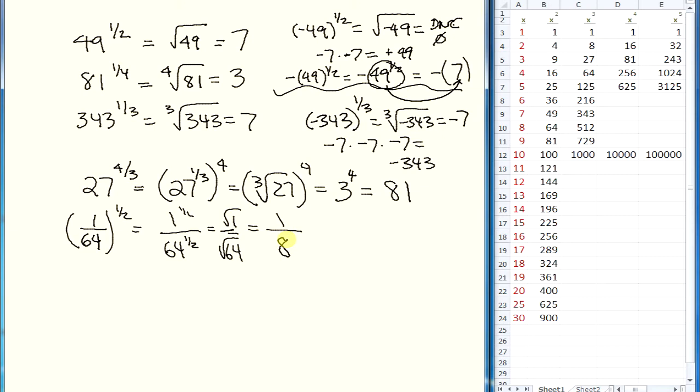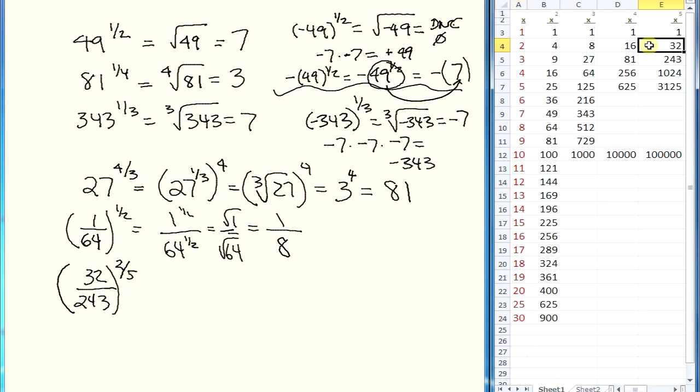It could be even more interesting if I had, let's say, a fraction 32 over 243, and we'll raise that to the 2/5. What I'm really going to need is to look at my chart. Hopefully now you're beginning to realize the numbers that I am choosing, I want you to do without a calculator so that you can practice these skills.